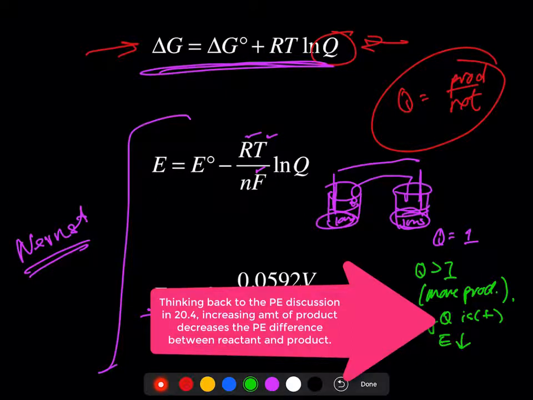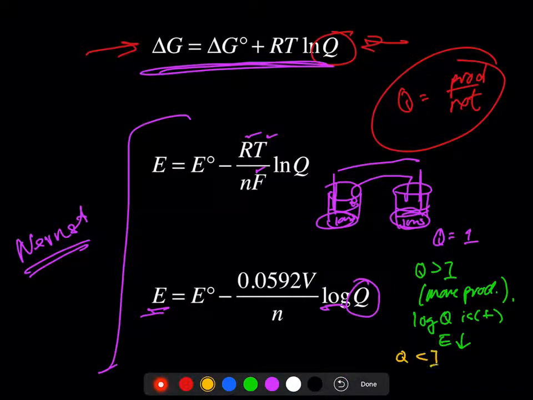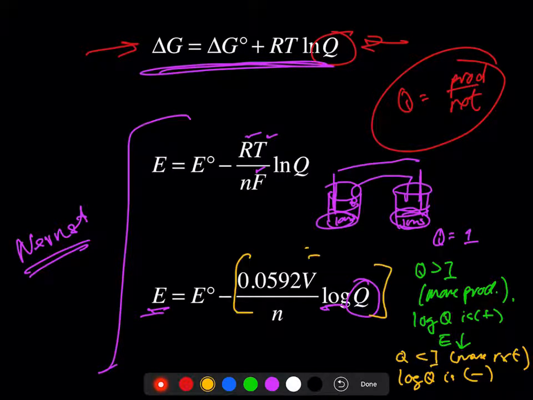In the alternate scenario, if my Q is less than 1, meaning we have more reactant, that means my log Q is going to be negative. And if this term is negative, then if I subtract a negative, that means my E value actually goes up.